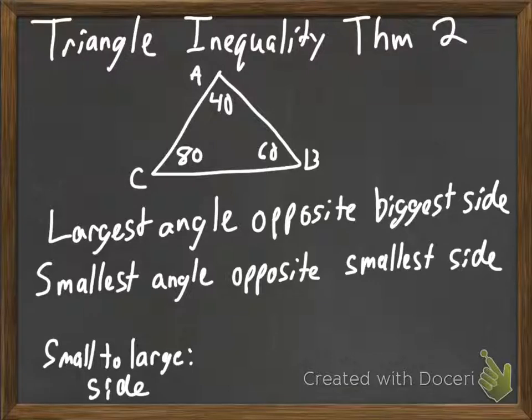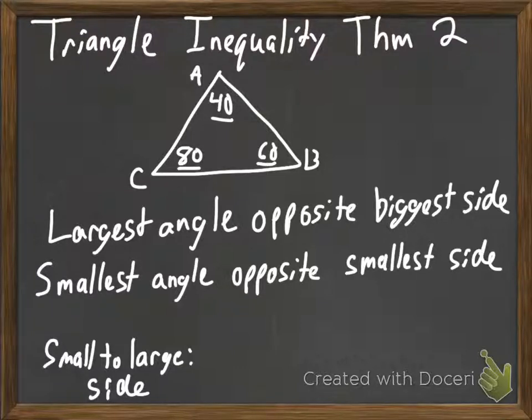The next triangle inequality theorem is the opposite of the first theorem, basically. This says if we know all the angles, the largest angle is opposite the biggest side, and the smallest angle is opposite the smallest side. So we can tell the size of our sides if we know the measure of their angles. So if we're going to list the sides from smallest to largest, we look at our angle measures, and it looks like there's 40, 60, and 80.